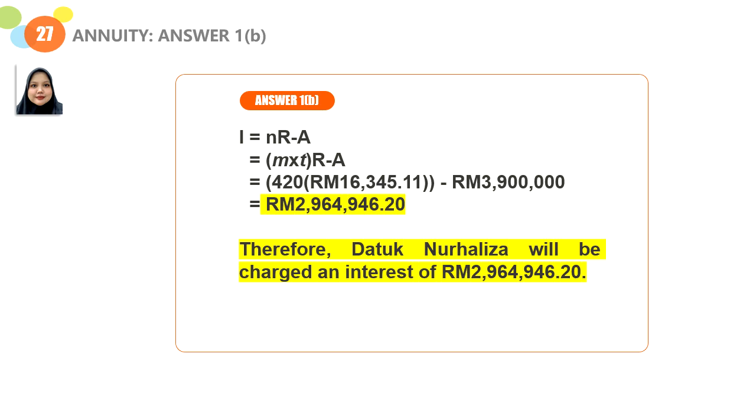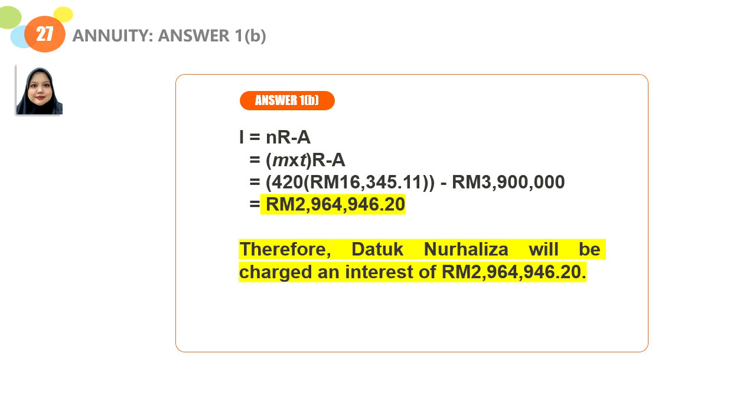Now we calculate the total interest charged on the loan using the interest formula. The total number of payments n is determined by multiplying m, the number of payments per year, by t, the loan term in years, which equals 420. The monthly payment r is 16,345 ringgit and 11 cents, and the original loan amount a is 3,900,000 ringgit.